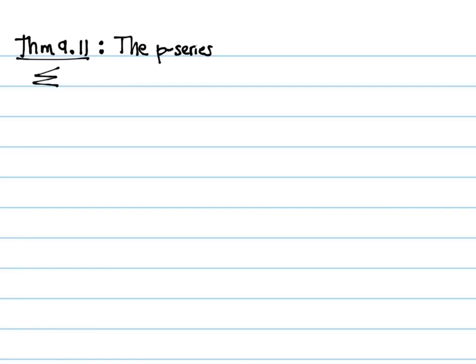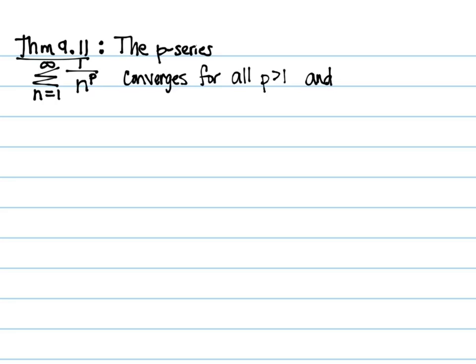The summation from n equals 1 to infinity of 1 over n to the p converges for all p greater than 1 and diverges when p is between 0 and 1.